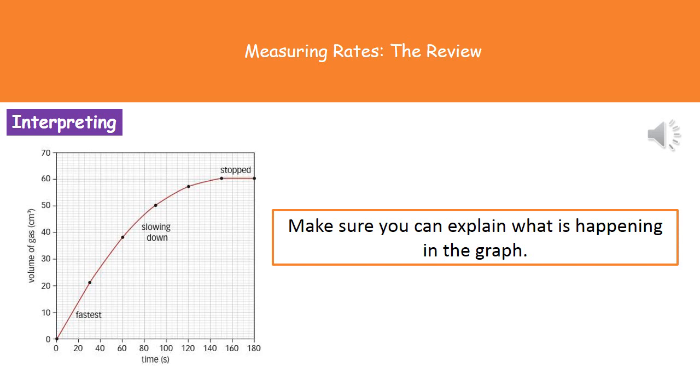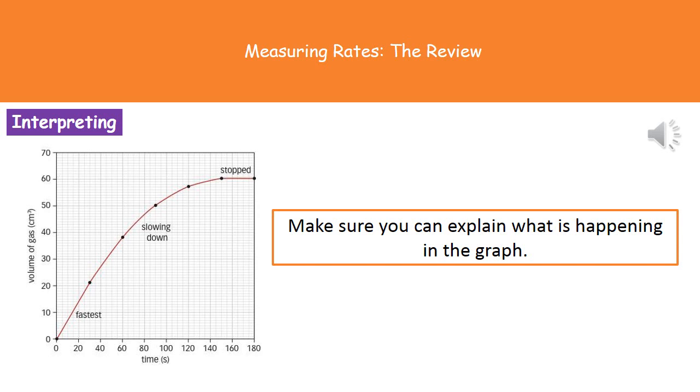As we go further up, between about 80 to 120 seconds, we can see that the line's starting to curve quite considerably. As soon as we get a curved line, we know that it's slowing down, okay? That tells us that we're starting to run low on one of our reactants.